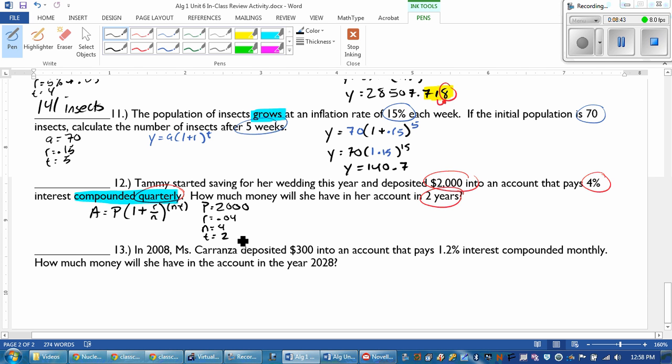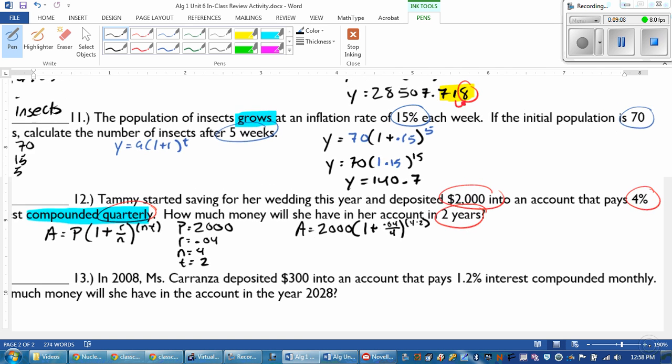So we have to be very organized when we're plugging everything in. A equals 2,000 times 1 plus our rate, which is 0.04, divided by 4, all raised to the power n times t, so that's 4 times 2.